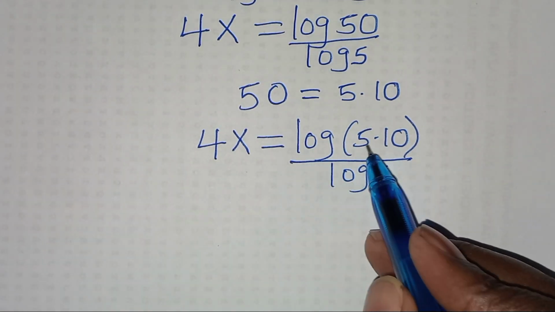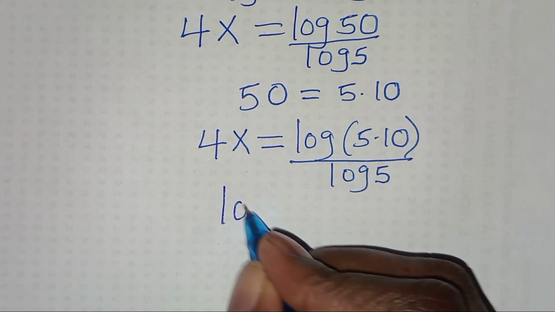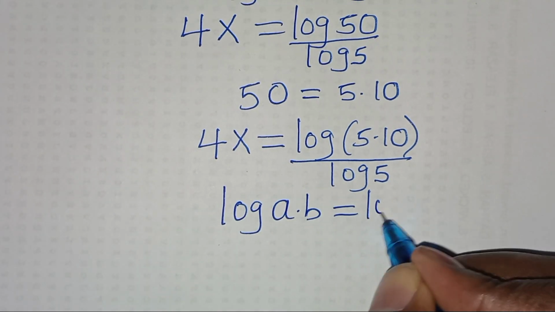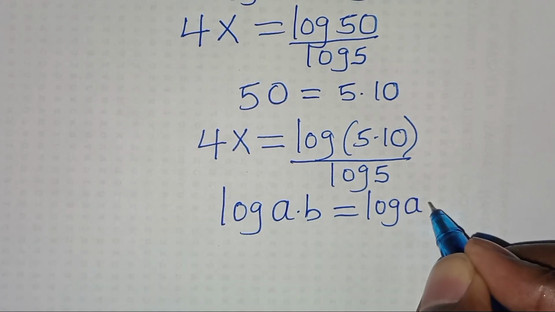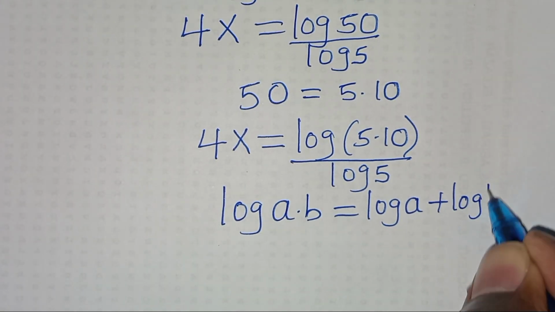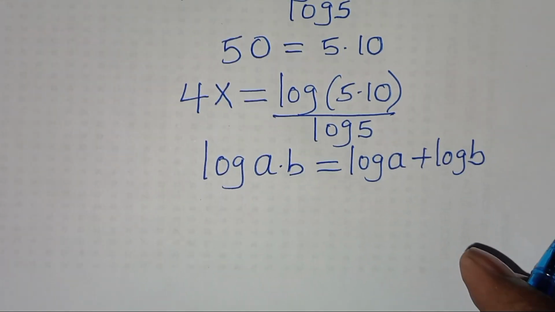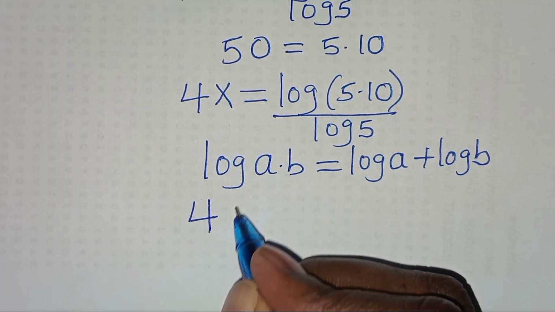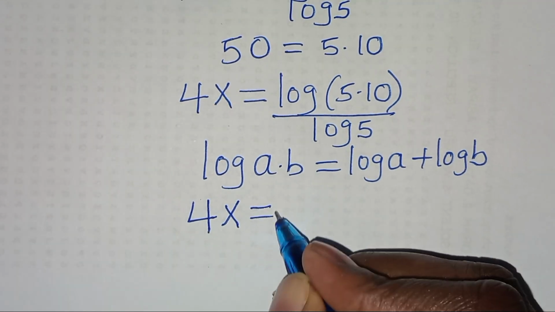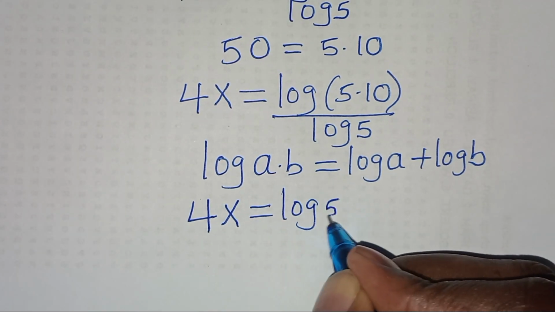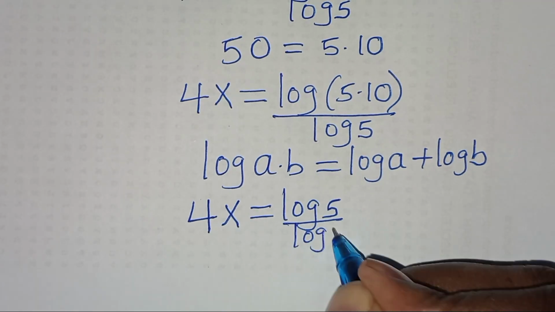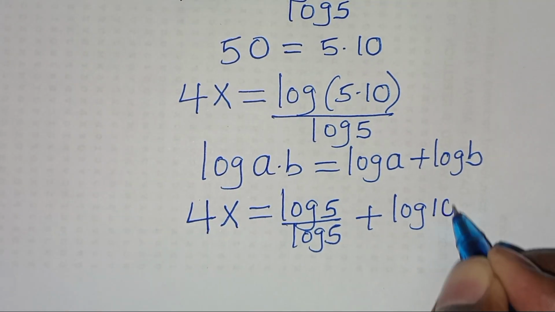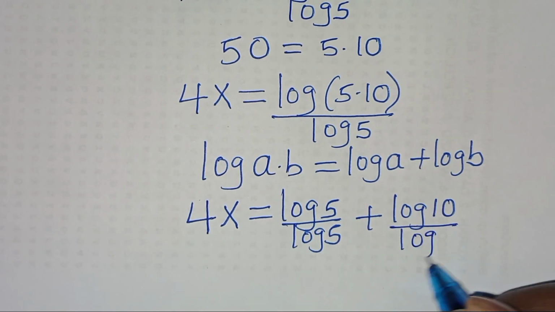We have that log 5 times 10, this is in the form of log a times b, which we can express as log a plus log b. Applying this logarithm property, then here we have 4x. This is equal to log 5 divided by log 5 plus log 10 divided by log 5.